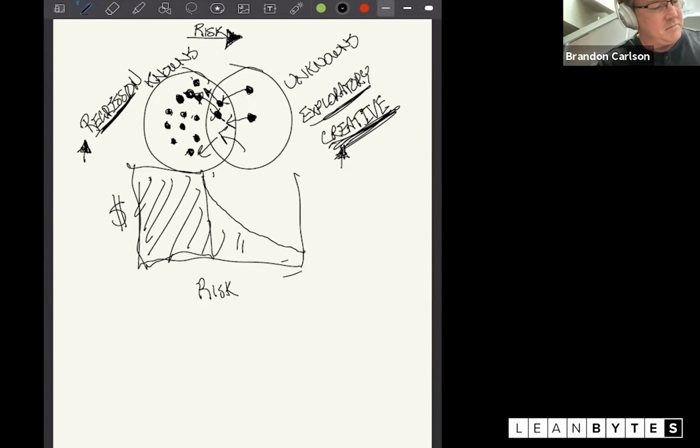But you'll notice that we spend most of our money clear over here on low risk items like testing our known knowns. And every person I've ever talked to, when I ask, do you like doing regression testing and testing known knowns? They all say, absolutely not. I want to break stuff, right?